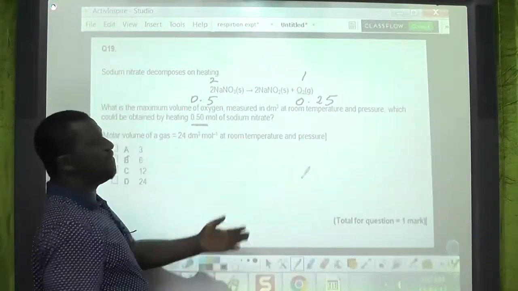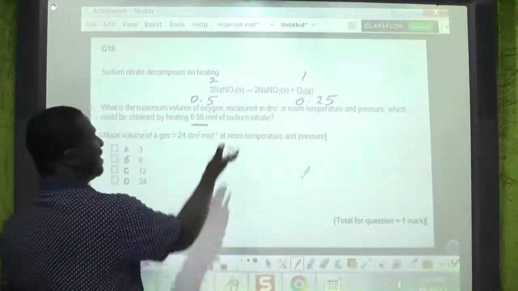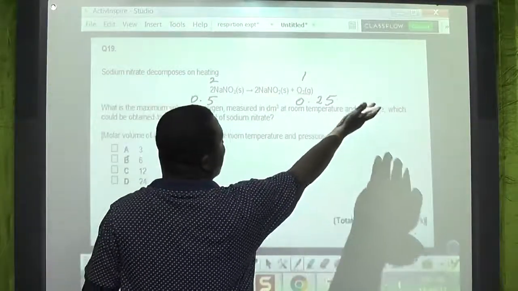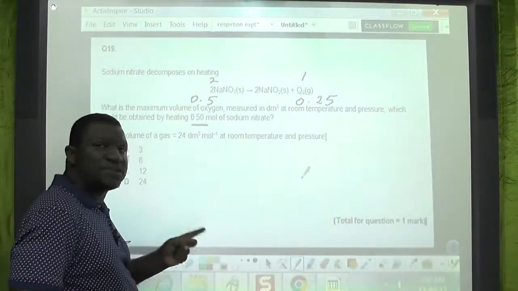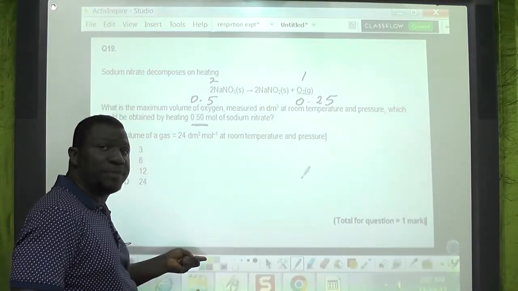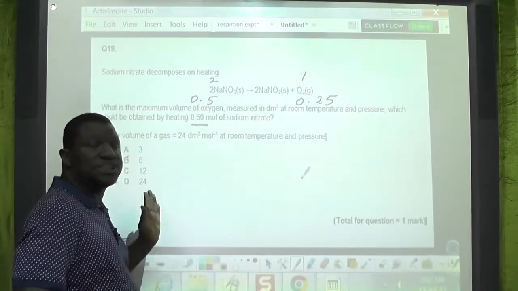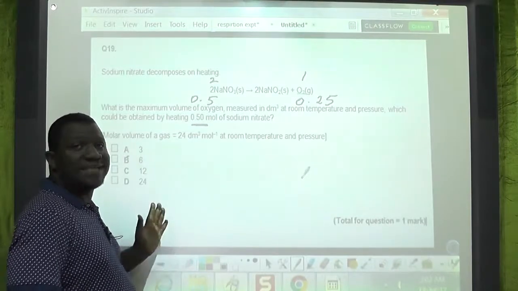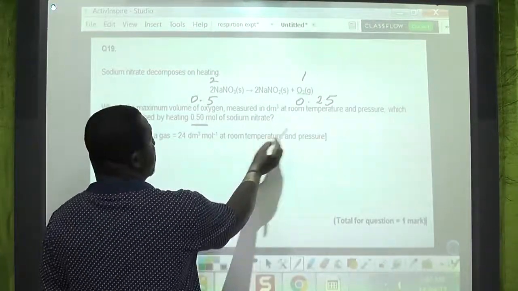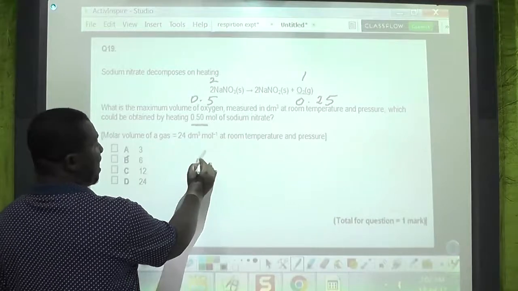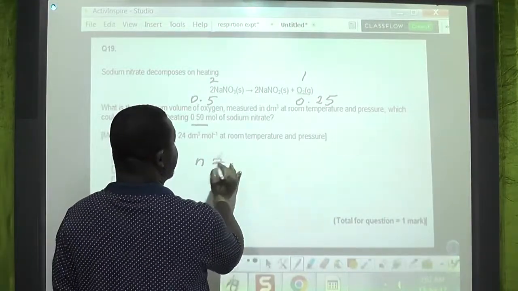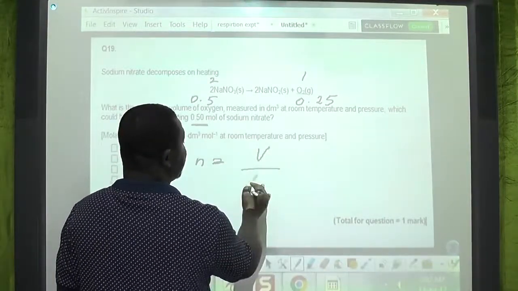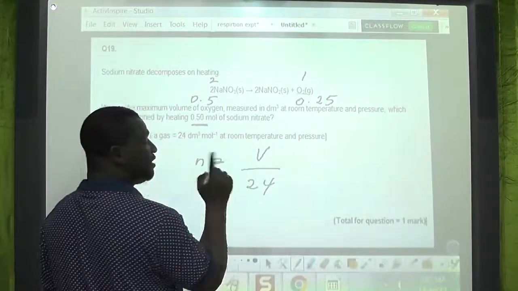So now they are looking for volume, and I know the number of moles, and they are saying at room temperature and pressure, not standard temperature and pressure. Room temperature and pressure, I told you in my video, is 24. Some countries still use the STP. So now n equals volume of gas divided by 24 at RTP.